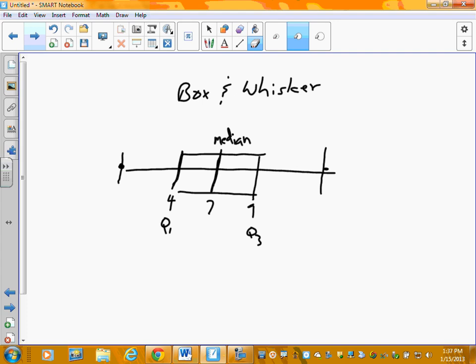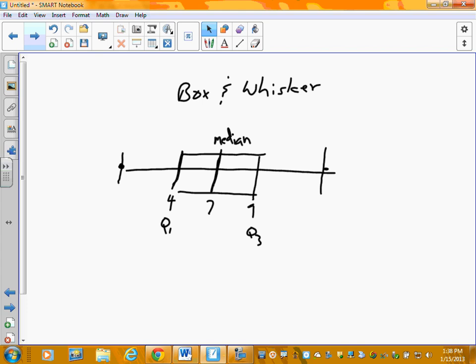What you're trying to tell from a box and whisker is where most of the data is. If most of the numbers were to the right, this box over here would get bigger. If most of the numbers were to the left, this box would get bigger.